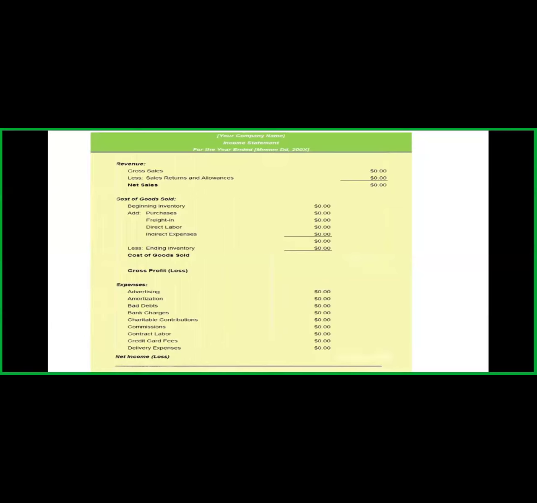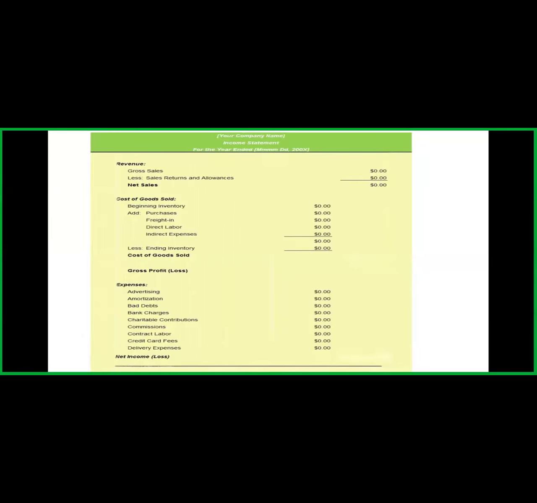That means whenever we subtract expenses or cost from the revenue, what we get is the profit. But this is the gross profit, not the net profit. That means after that also we are having some expenses: advertising expenses, marketing expenses, bank charges, bad debt, charitable contributions, payment to contract laborers, delivery expenses.